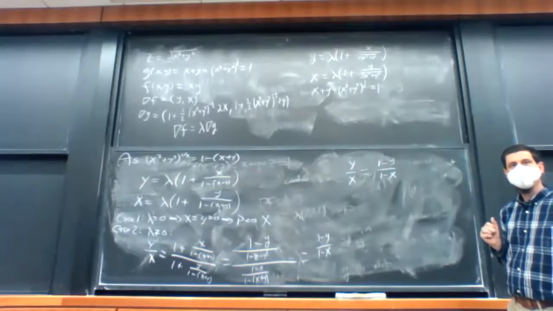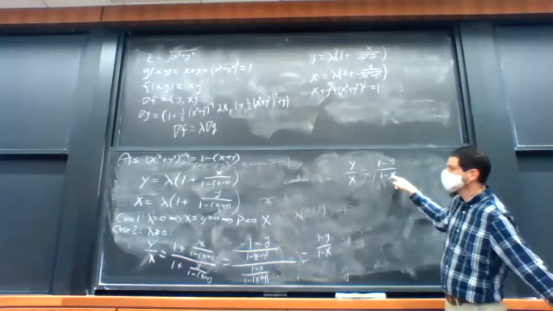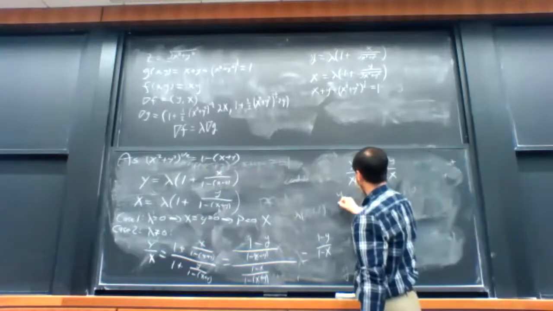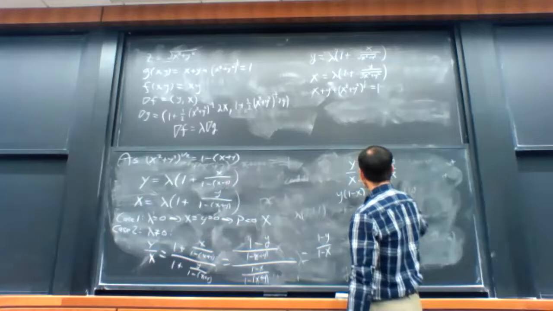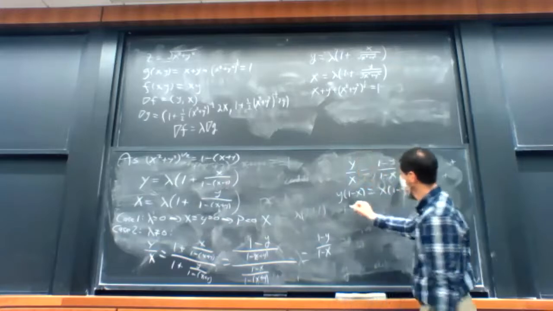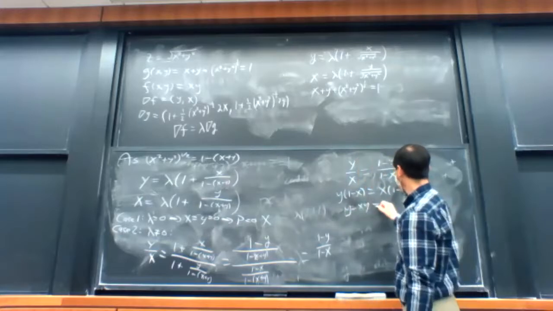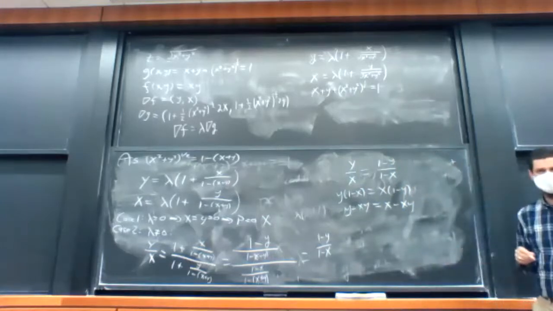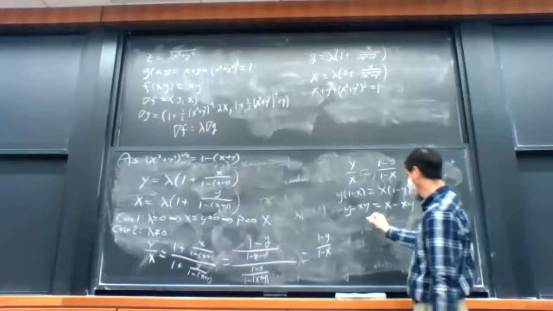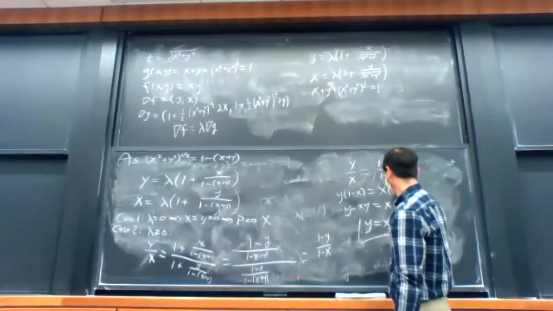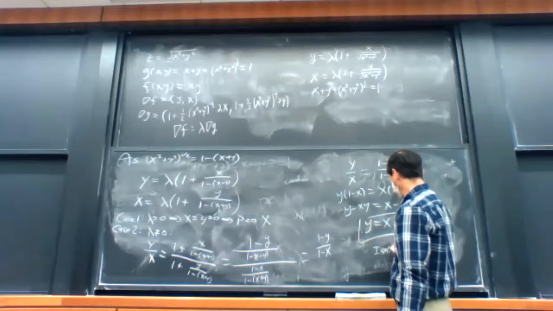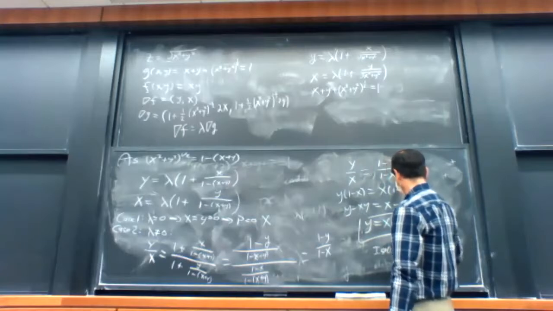I'm sorry? Yeah. Let's clear the denominators. And if I do that, it's going to be y times 1 minus x is x times 1 minus y. So y minus xy equals x minus xy. What can I do to both sides? Take out the xy and you get x equals y. So it's isosceles and a right triangle.